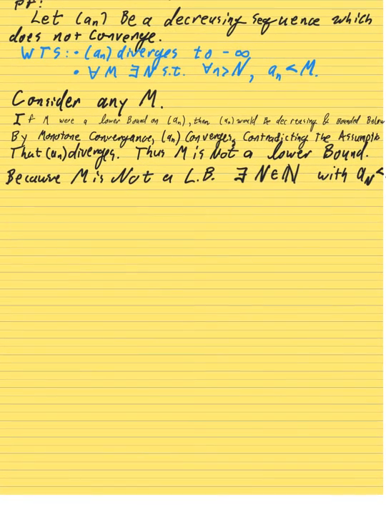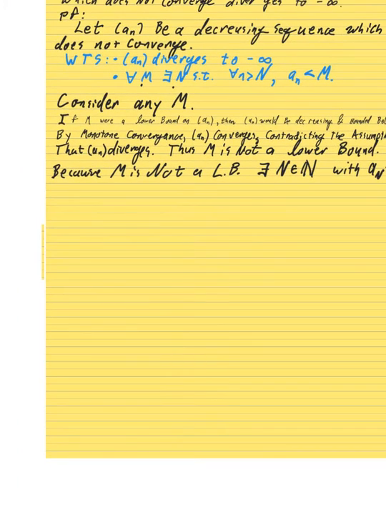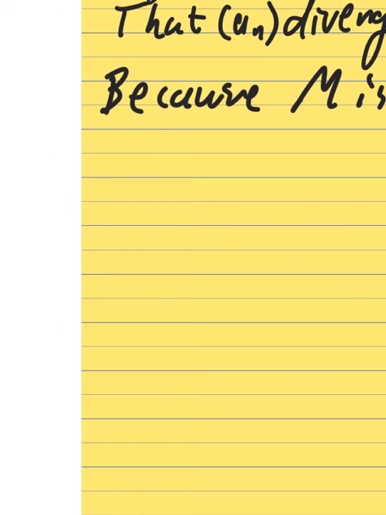All right, what was my goal? I considered any big M. I've now cooked up a choice of big N. Sorry, I'm pointing to this and then to that. Now, I should consider any little n bigger than big N. So let's zoom in.